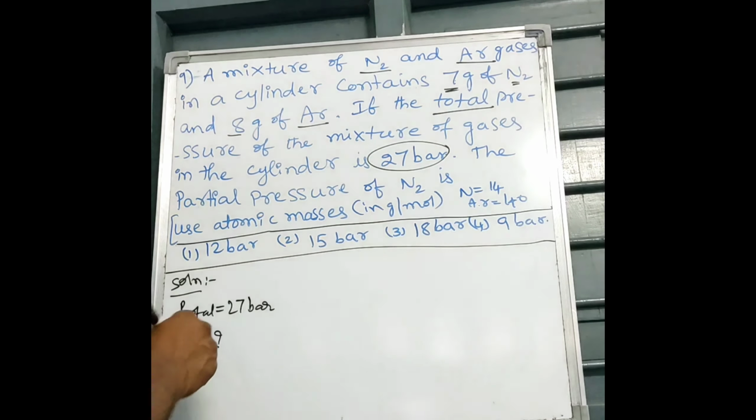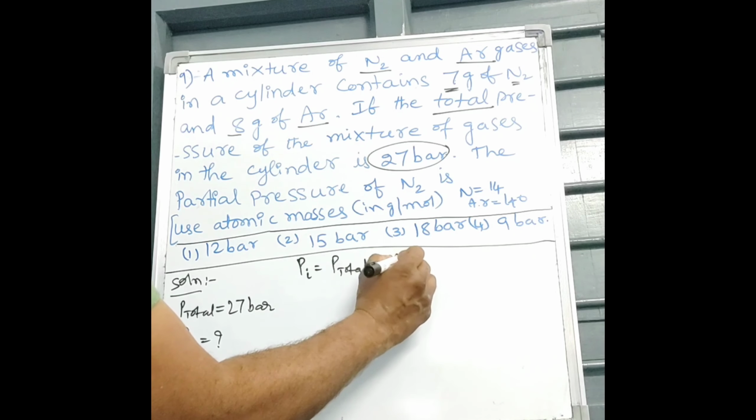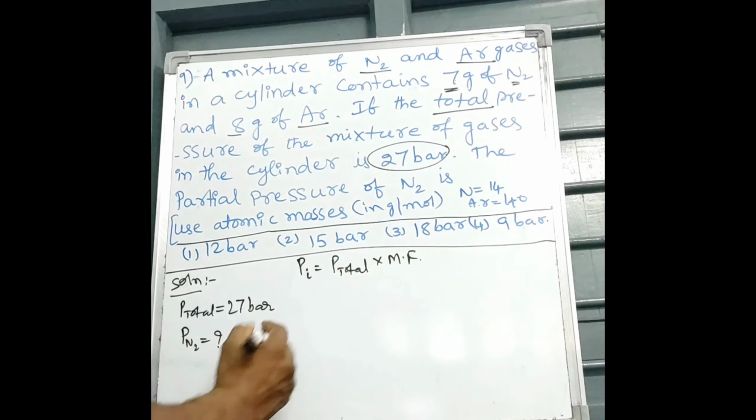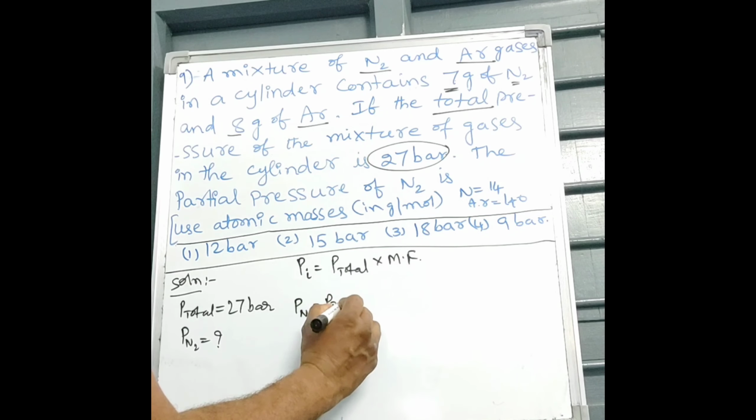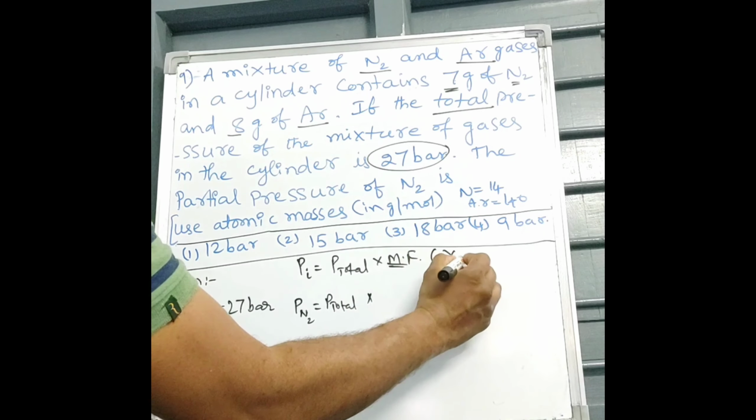So for partial pressure we have the formula. Partial pressure of a gas is equal to P total into the mole fraction of that particular gas. Here he is asking the partial pressure of nitrogen, which is equal to P total into the mole fraction of nitrogen, X of nitrogen.